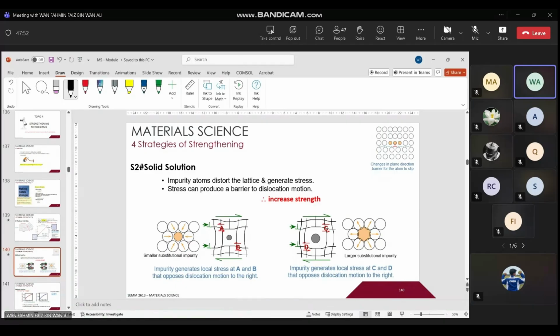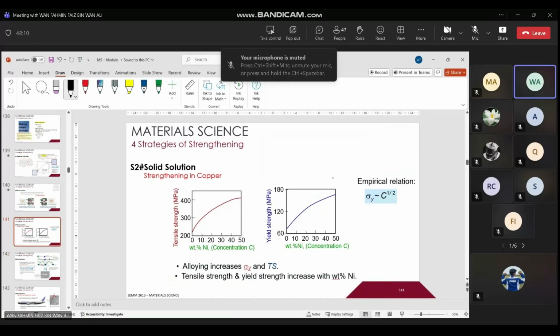Technically, this will oppose or prevent the atoms from slipping. So this is the behavior of how additions of alloying, impurity or additive material improve the strength of the metal.